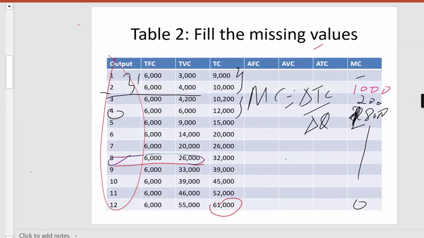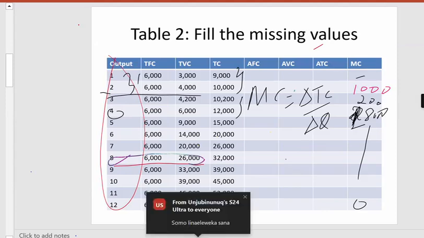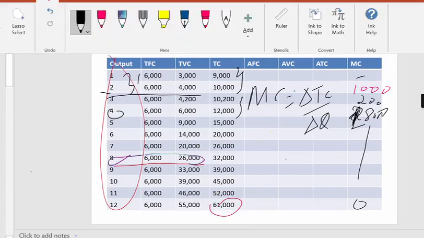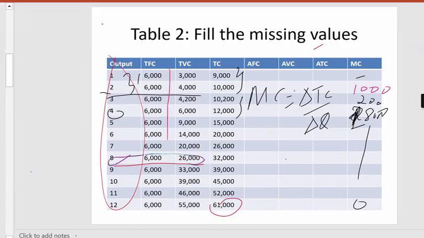So what is important here in the short run cost, in the short run one factor input does not vary as output increases.